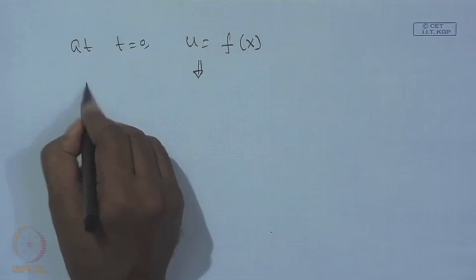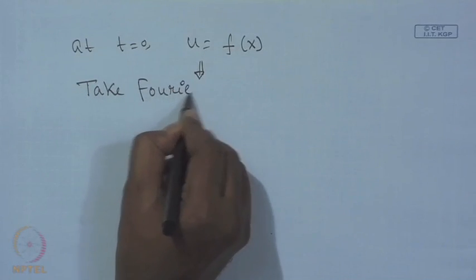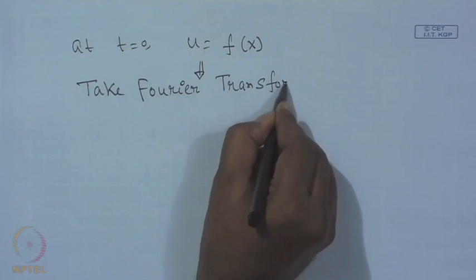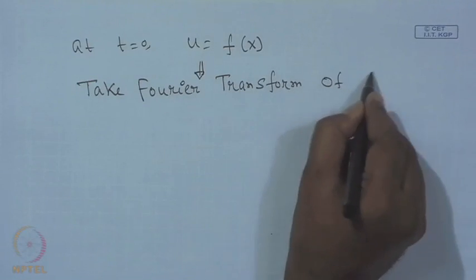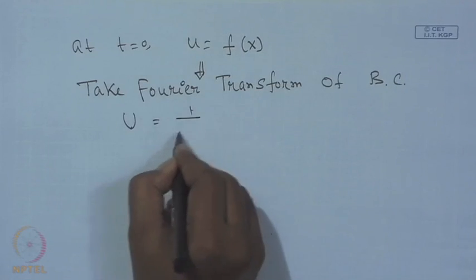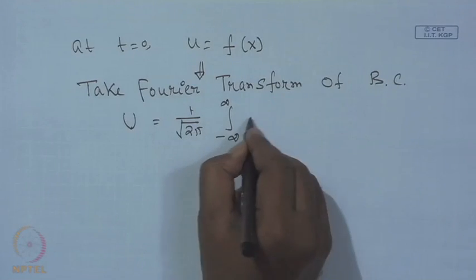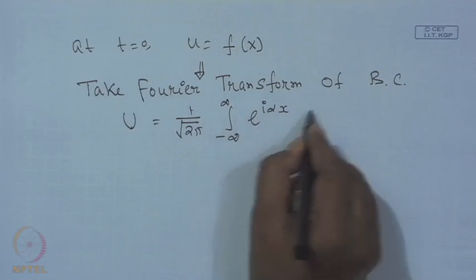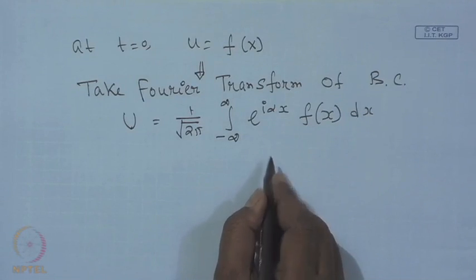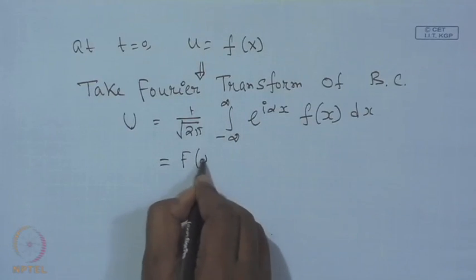So, capital U is equal to 1 over root 2 pi, integral from minus infinity to plus infinity of e to the power i alpha x f of x dx. This is the Fourier transform of f x. We call this f of alpha.